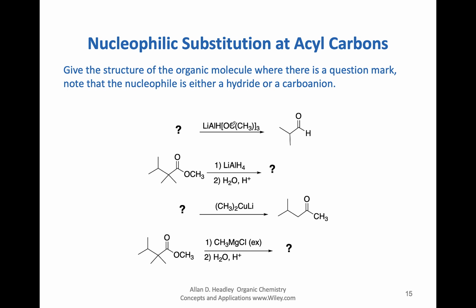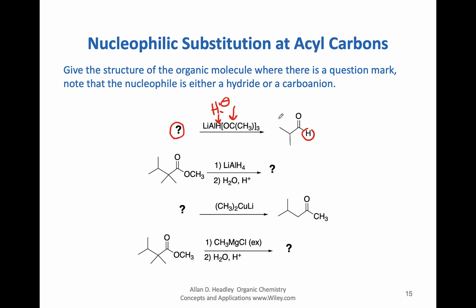So your analysis will include looking carefully at the reagents that are given. So here's lithium aluminum hydride tert-butoxide. 1 hydrogen, not a very strong reducing agent, but it will give up 1 mole of H minus as our nucleophile. So what goes here more than likely is an ester.